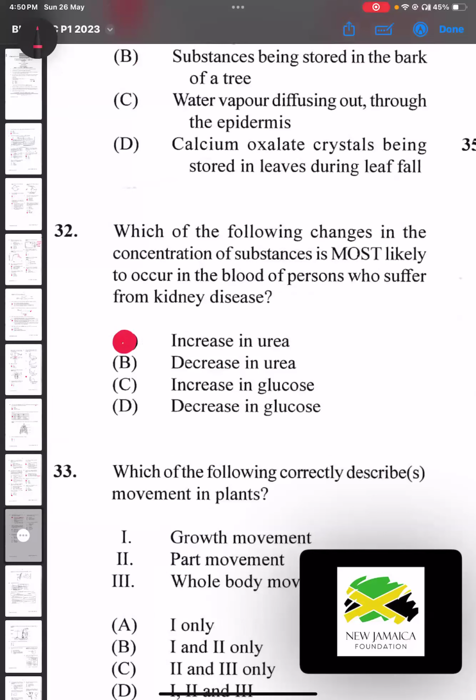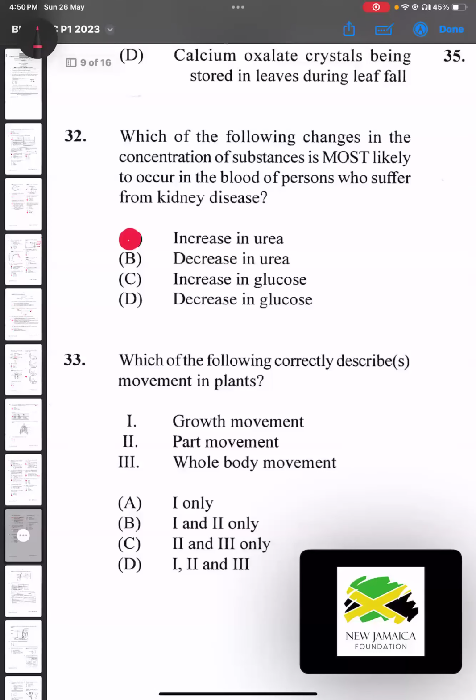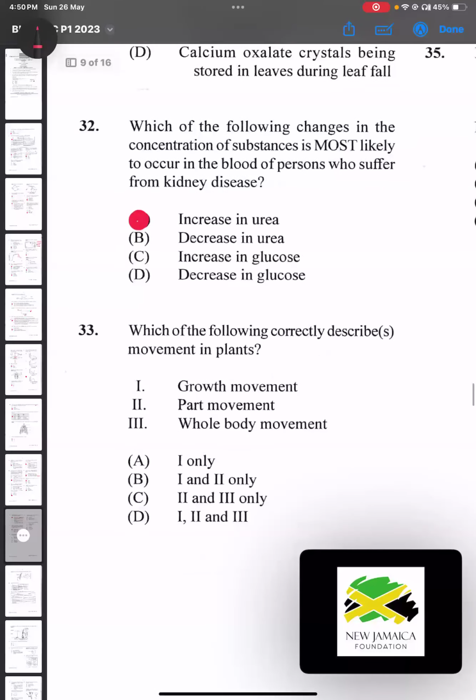It cannot be B, because if we have kidney disease, your kidneys are not functioning how they're supposed to function. So they would not be removing these substances. So it cannot be any of the ones that talk about a decrease. An increase in glucose has nothing to do with kidney disease. That is when you have diabetes. So our answer would obviously be A, 32.